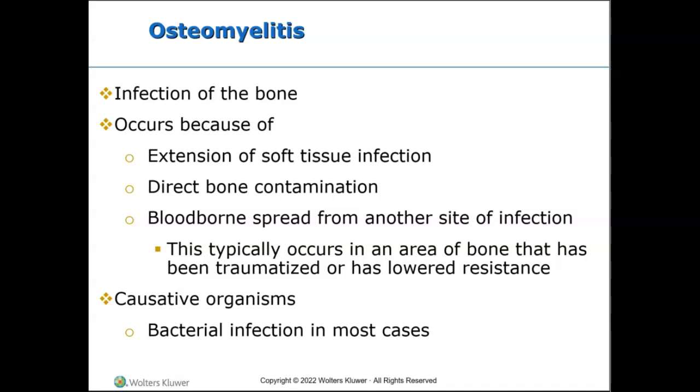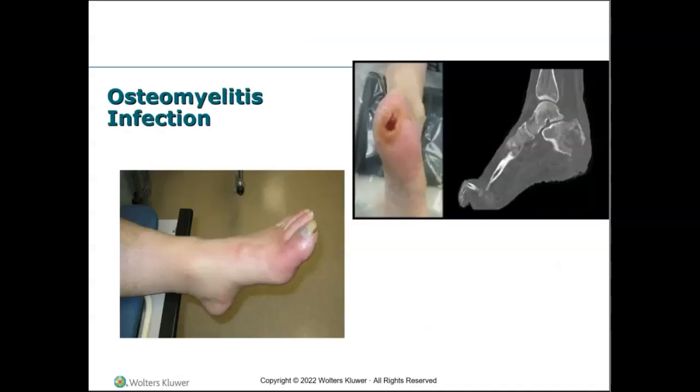It occurs because bacteria get in there either through the blood or an extension of soft tissue, or it could be direct bone contamination. It could be a blood-borne spread from another site of infection, usually from trauma, right? And again, the causative agent, or pathogen, is bacteria.